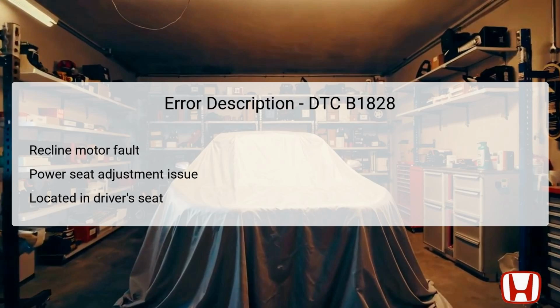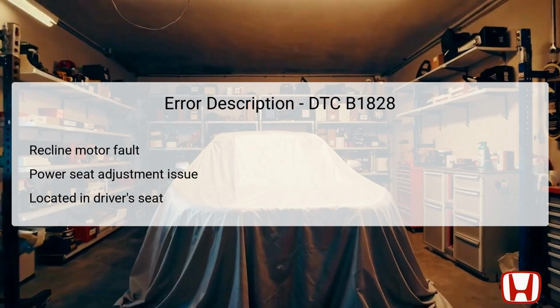The operational expectation is that when the switch is manipulated, the motor should move without any delays or issues. The code is triggered when the switch is continuously activated over 1 second after the seat has reached its extreme forward or rearward position, indicating a malfunction either in the motor or its controlling circuitry.